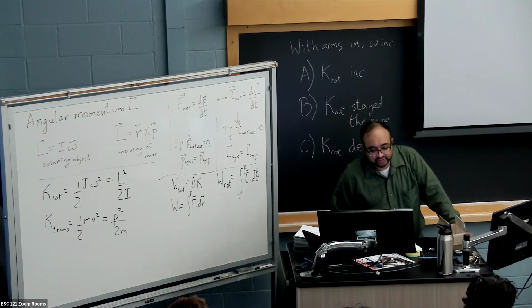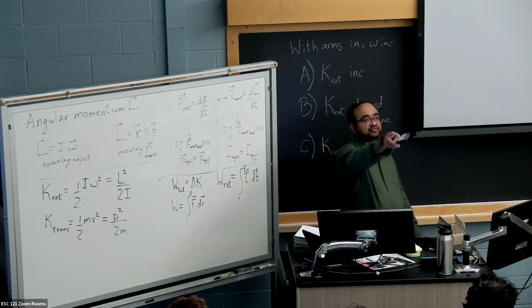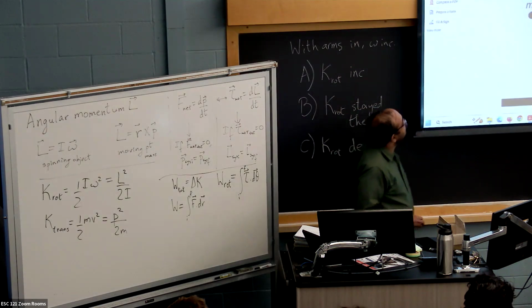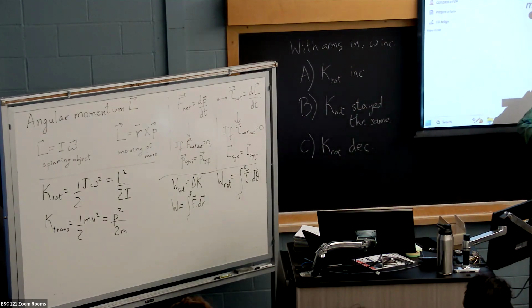Okay, so let me ask a couple of questions. All right, so two objects, same mass, same shape, same speed, move towards each other on a frictionless surface.